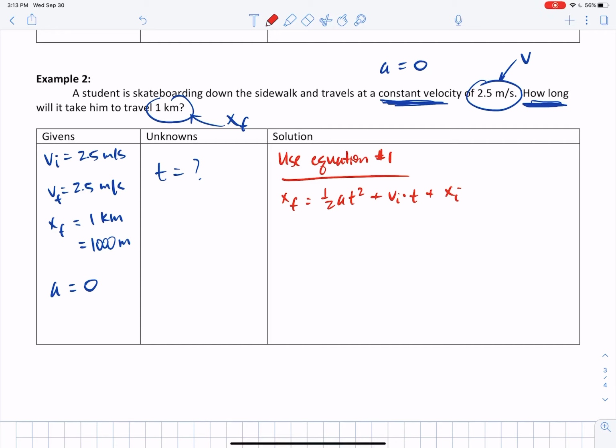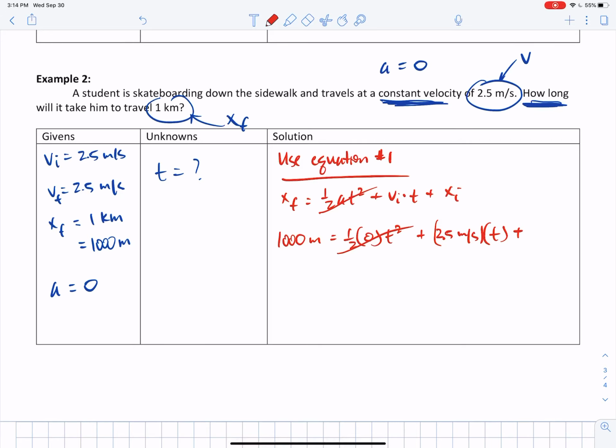The final position is 1,000 meters. The acceleration is 0. And the time, I don't know, but it's all going to go away, right? Because 0 times anything is 0. Plus the initial velocity of 2.5 meters per second times t, my unknown, plus the initial position.